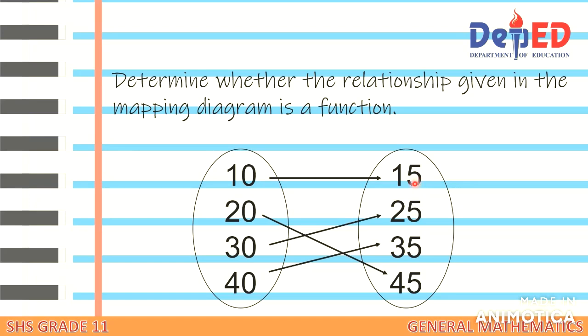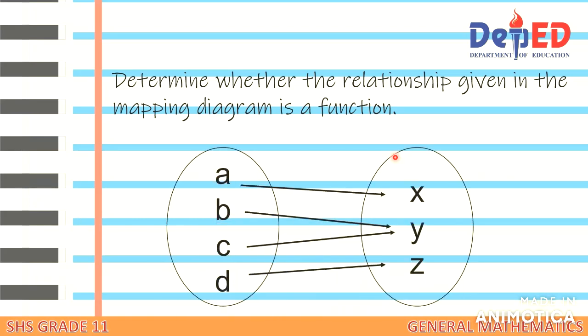So we have 10, 15, 20, 45, 30, 25, 40, 35. Do we have one element of domain that corresponds to exactly one element of range? Yes or no? The correct answer is yes. So this given relationship is a function.